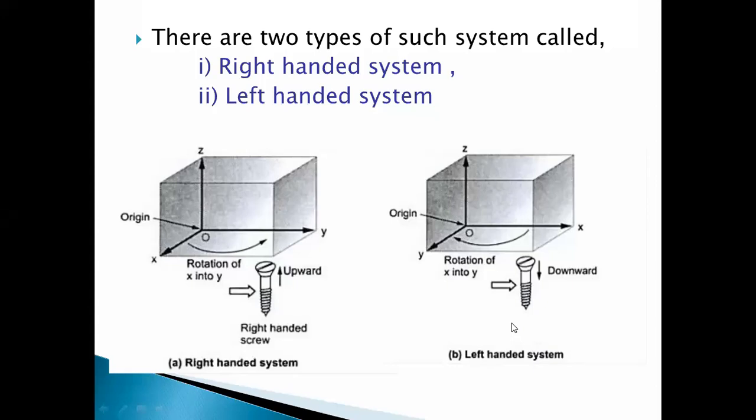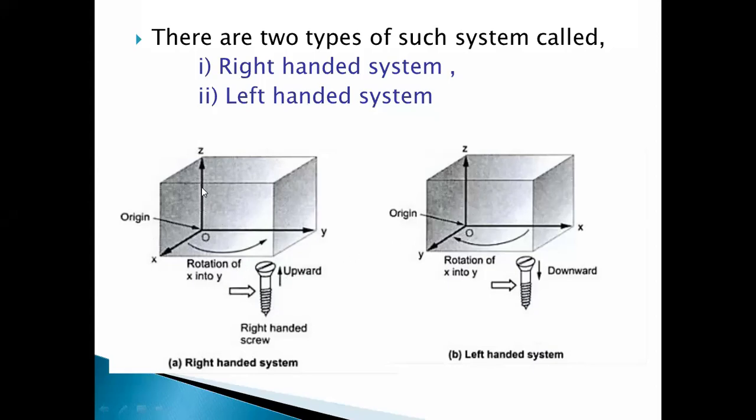So these are the two systems, but in the whole of electromagnetic engineering, we are using the right-handed system, that is, the x, y, and z coordinates. This is the rectangular coordinate system, and that is why it is called the rectangular coordinate system.